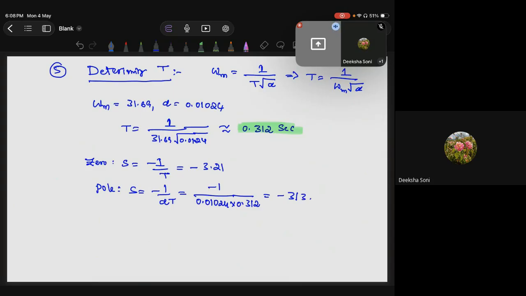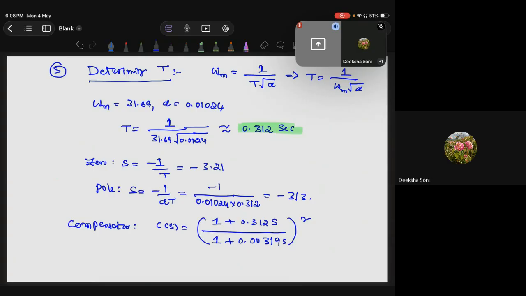Now the compensator C of S, substituting the values, is 1 plus 0.312S divided by 1 plus 0.00319S, whole square.